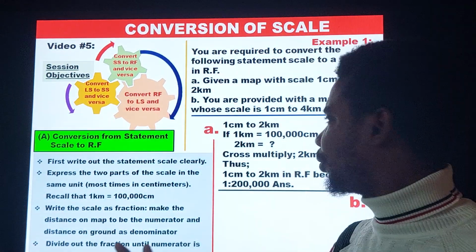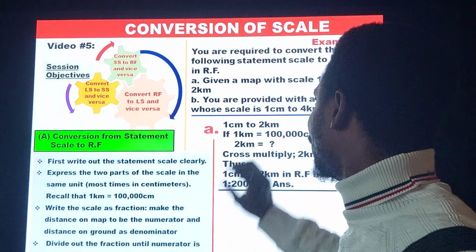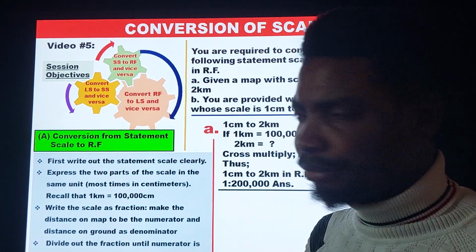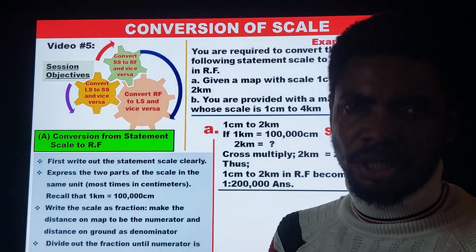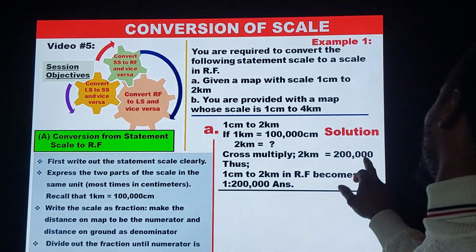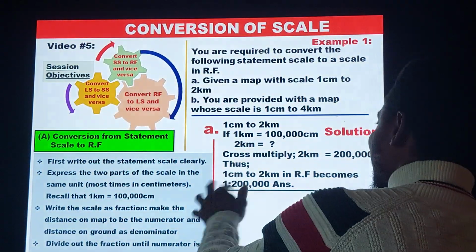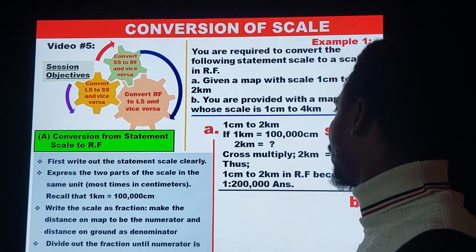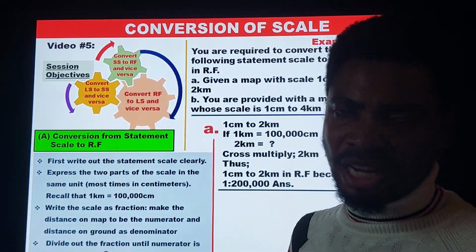So the first thing to do is to write out the statement scale clearly. You write it out as 1 centimeter to 2 kilometers. Okay? Now you understand that 1 kilometer is 100,000 centimeters. Therefore, it means that 2 kilometers will be equals to 200,000 centimeters. So thus, it means that your 1 centimeter to 2 kilometers in representative fraction becomes 1:200,000, like that.